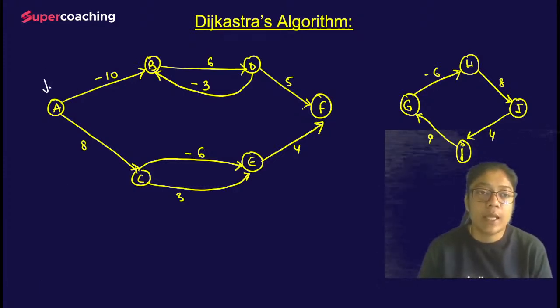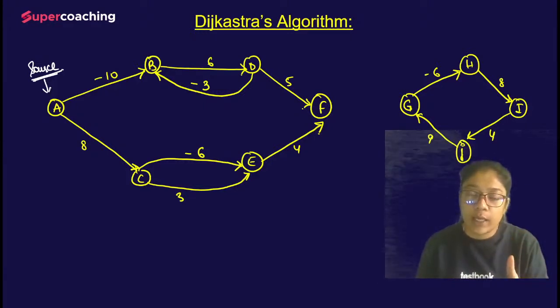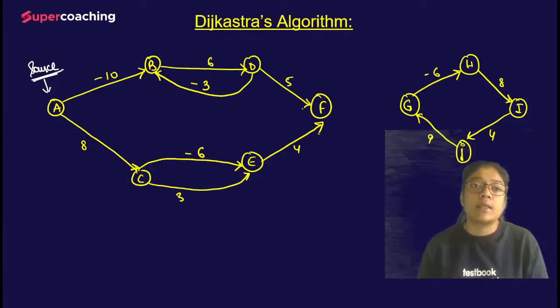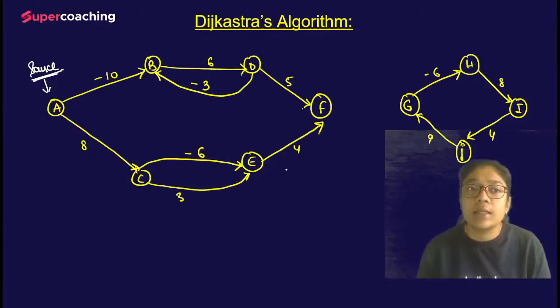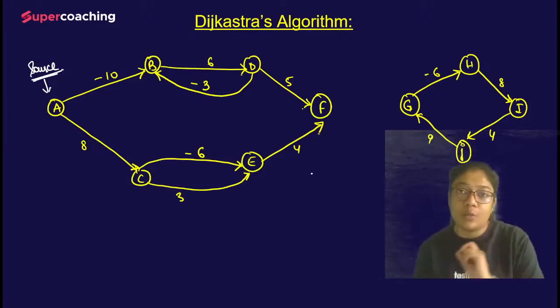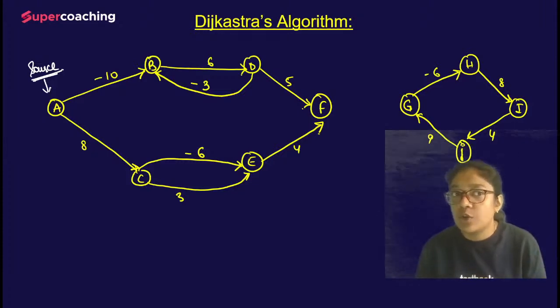Can somebody tell me up to which vertices we can find the single source shortest path? Single source means in the whole graph there will be only one source vertex. Our goal here is to find the shortest path to every other vertex in the graph. So how can a first type of question come? You will be given some graph and they'll say that it's possible to find the shortest path to every other vertex of the graph, but there are a few vertices to which we cannot find the shortest path.